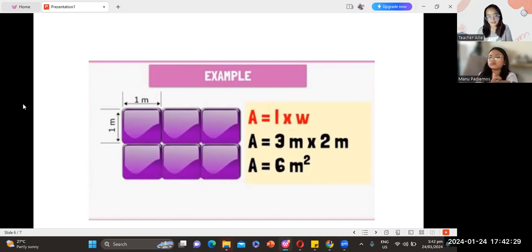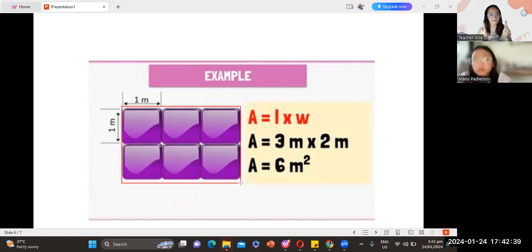So, for the example we have here, what shape is it again? A rectangle, correct.